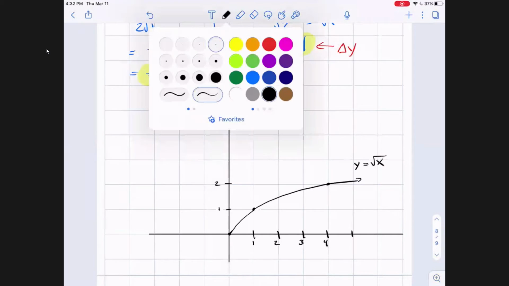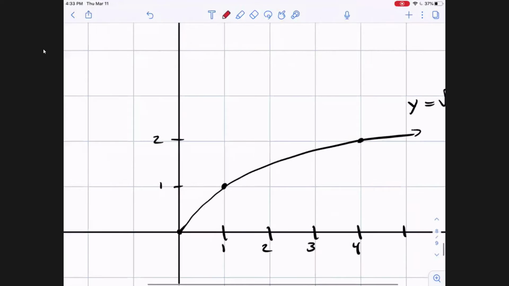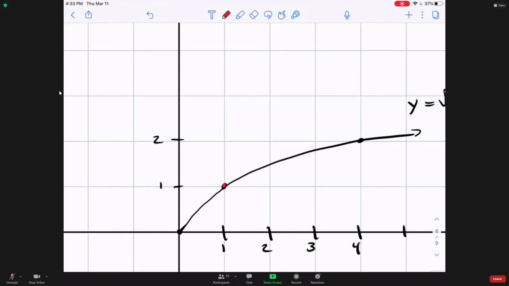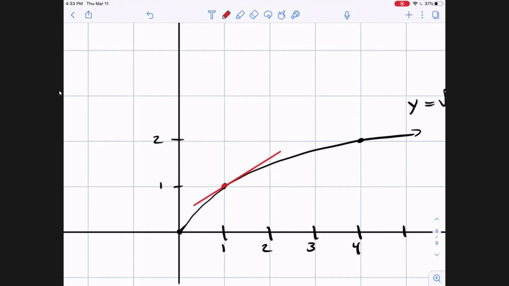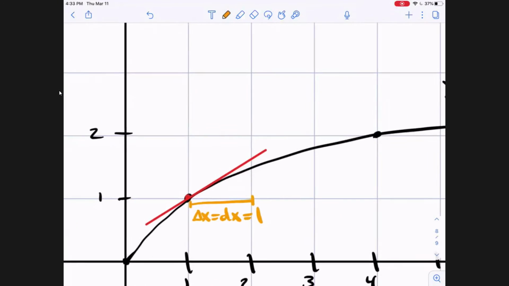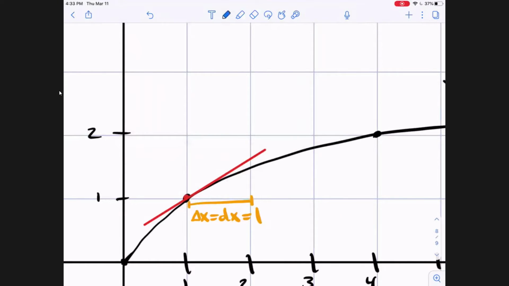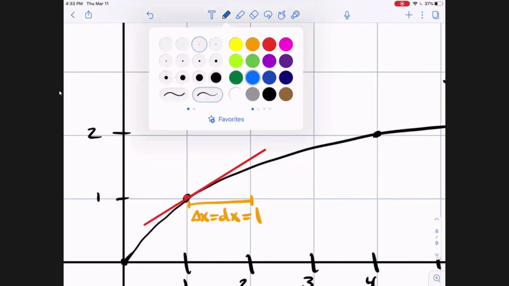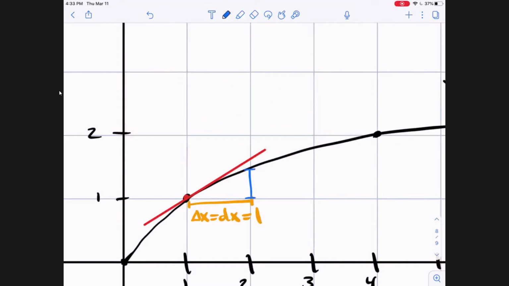Now, the tangent line right here, that's going to be delta y.